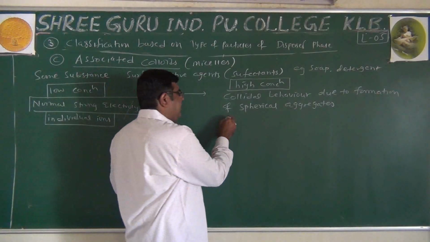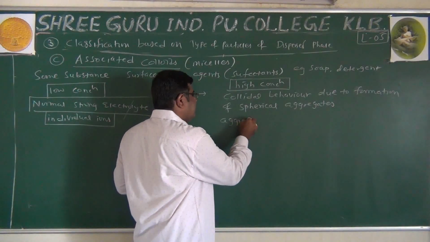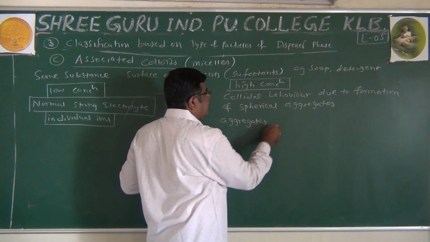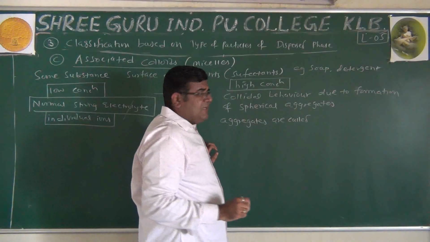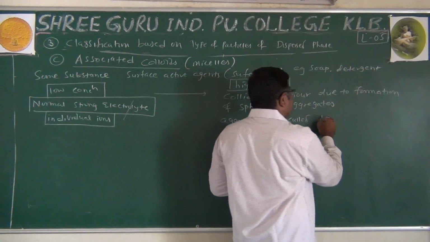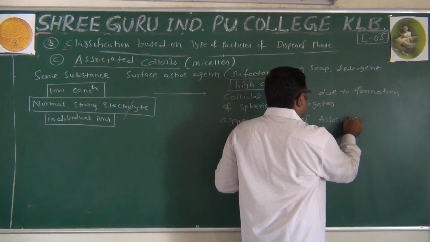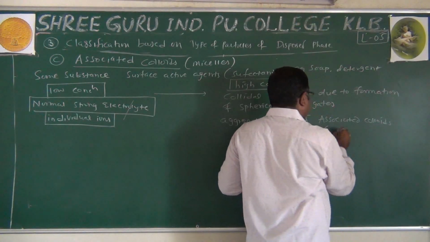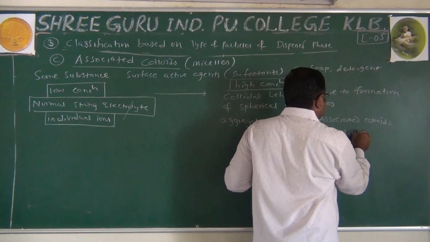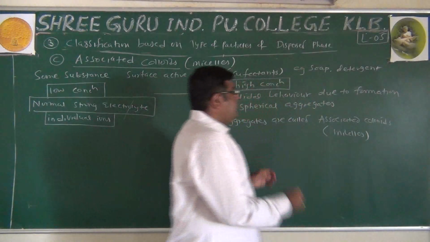These aggregates are called associated colloids, or they are called micelles.